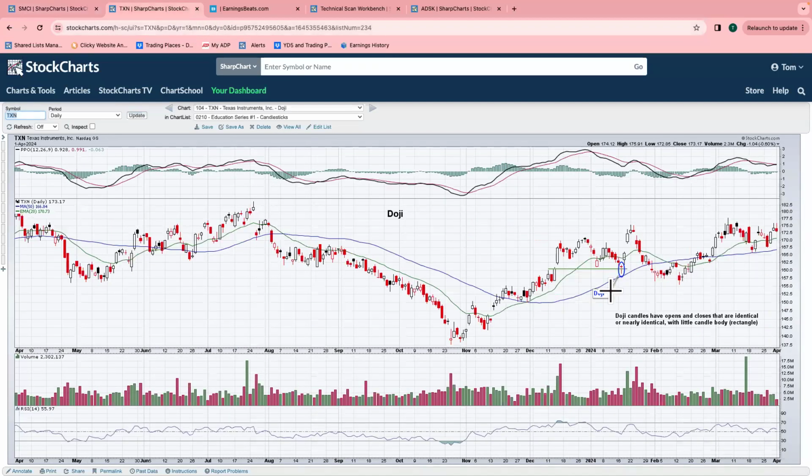And when that happens, sometimes you might look at it and say it's a doji. Some others might look at it and say it's a hammer. But they're similar. A doji, because your open and close are essentially the same, gives us a signal of indecision in the market.